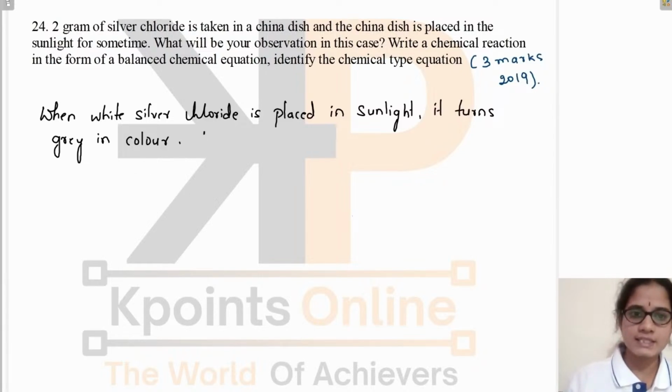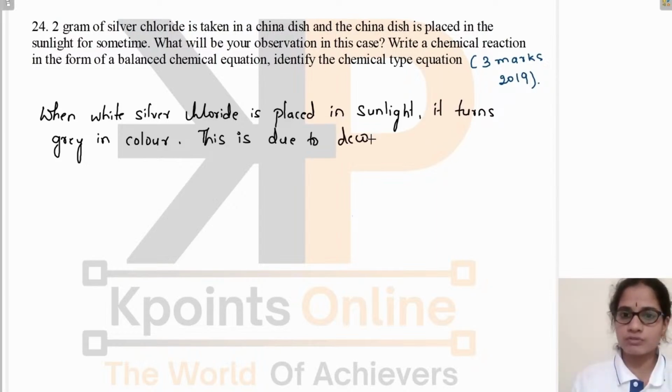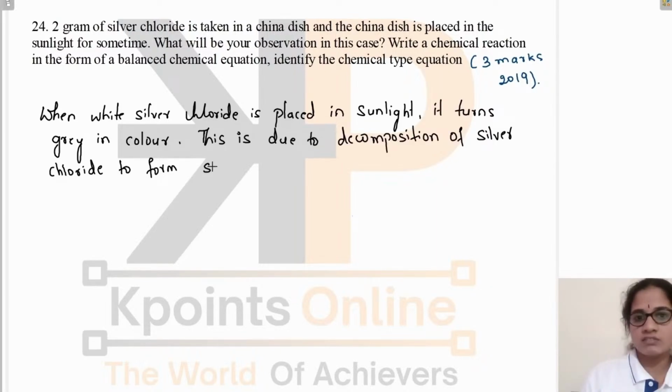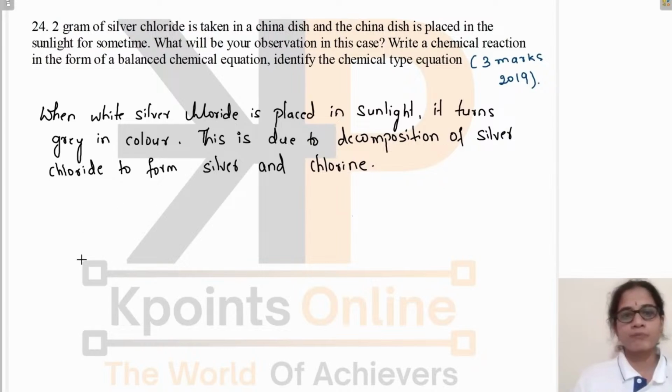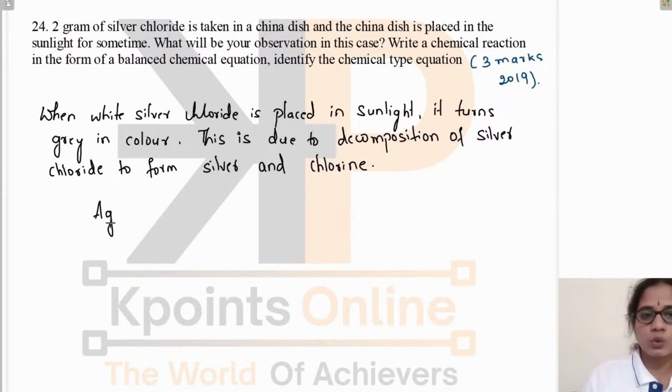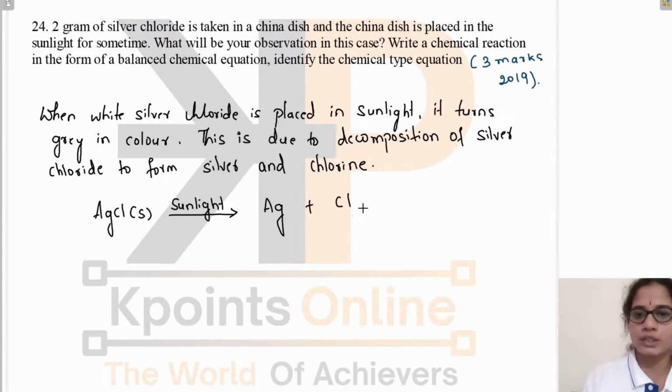This is due to decomposition of silver chloride to form silver and chlorine. The equation involved in this reaction is: silver chloride, when it is kept in sunlight, forms silver and chlorine.